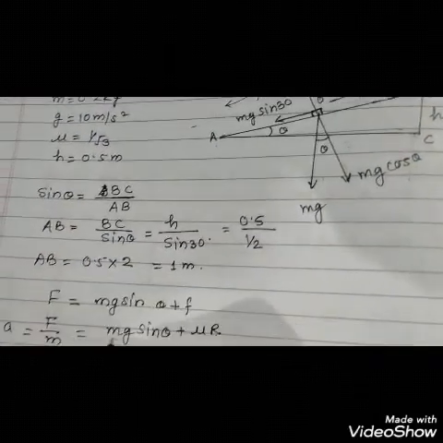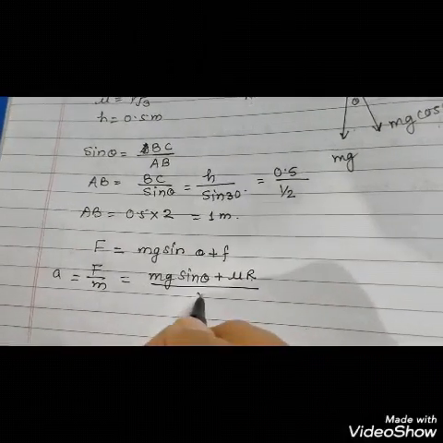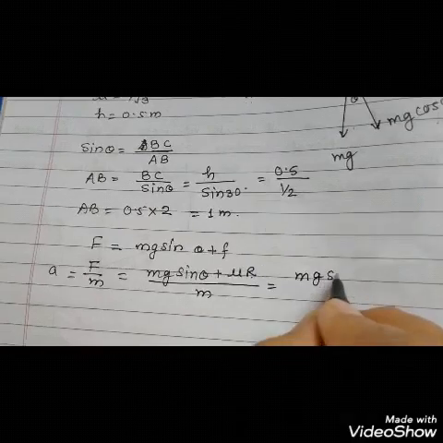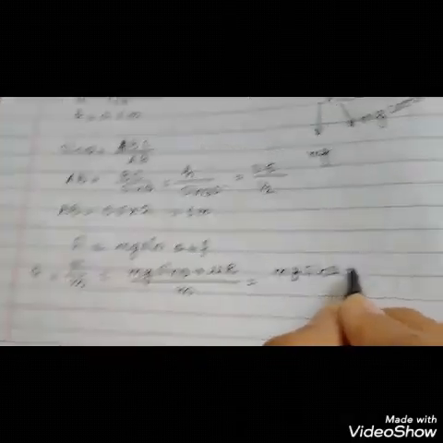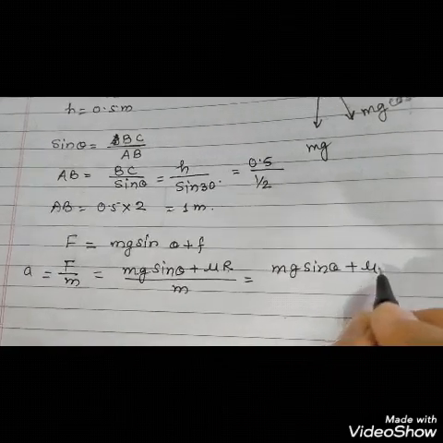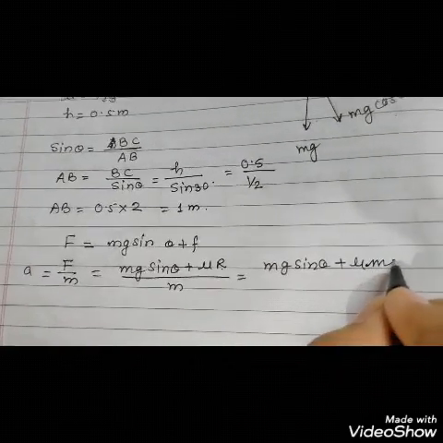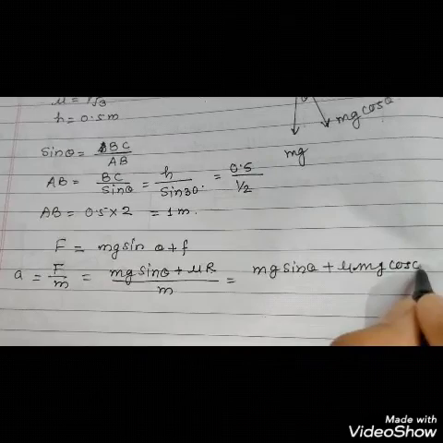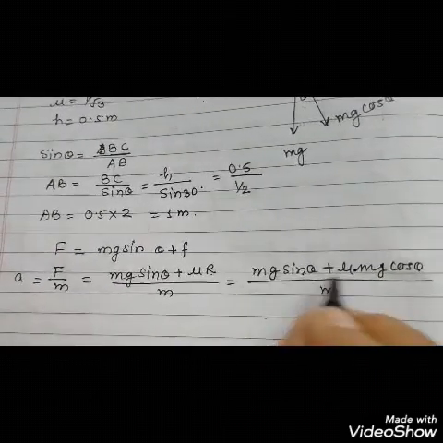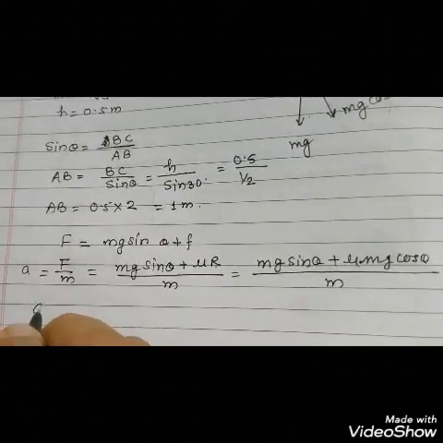So we write mg sin theta plus mu mg cos theta upon m. This m will be cancelled out.